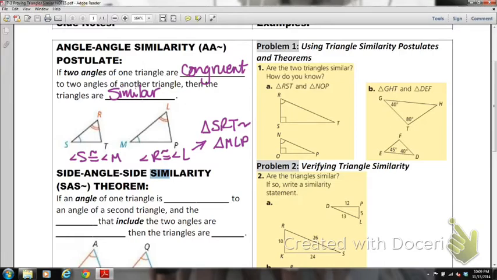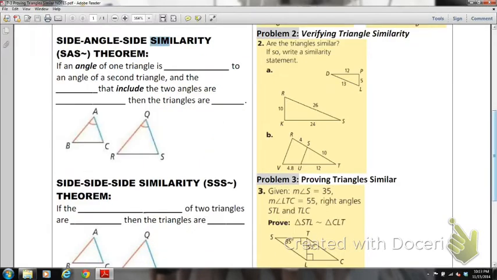The next is the side-angle-side similarity theorem. And it states that if an angle of one triangle is congruent to an angle of a second triangle, and the sides that include the two angles are proportional, then those triangles are similar.